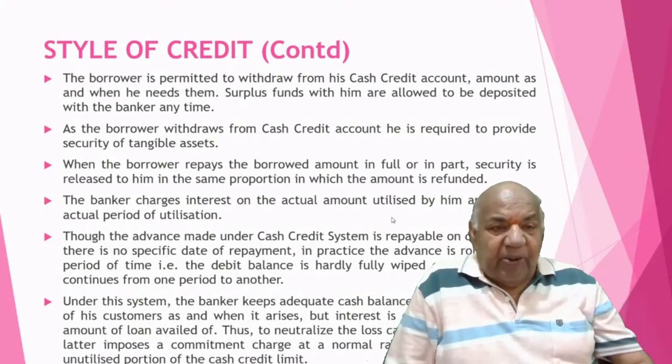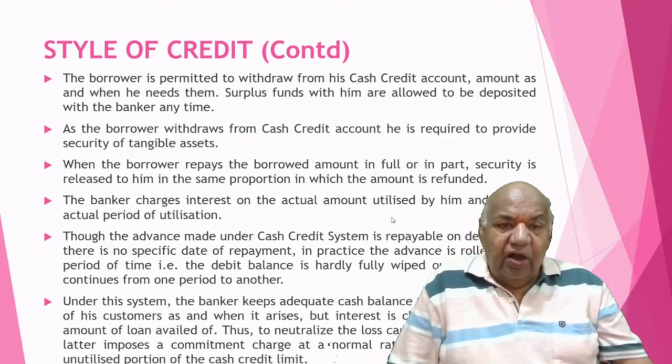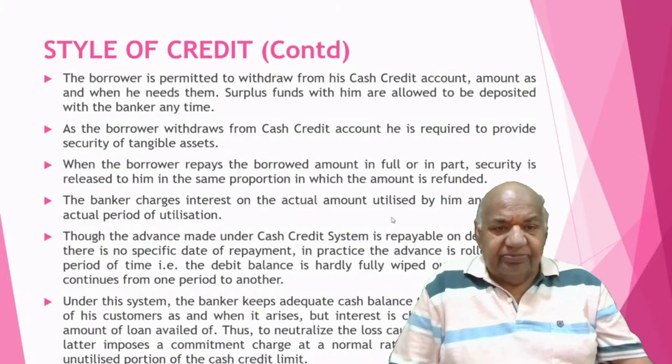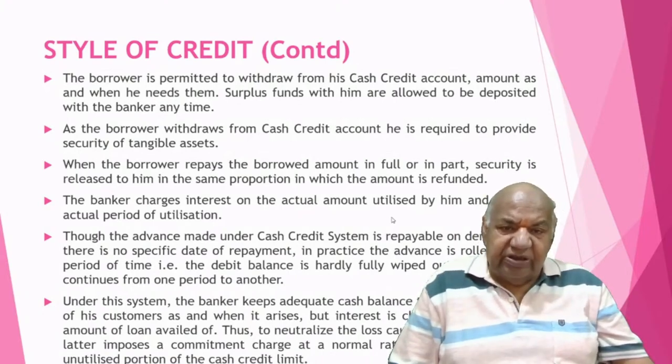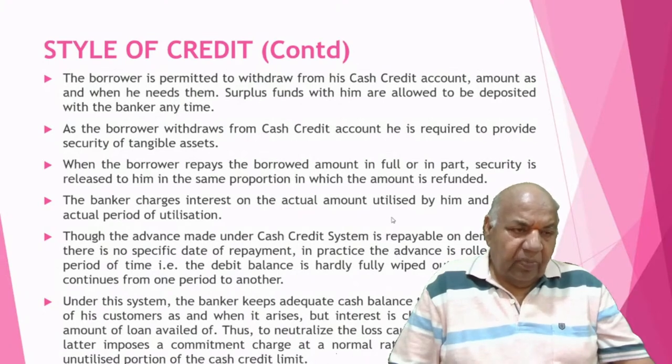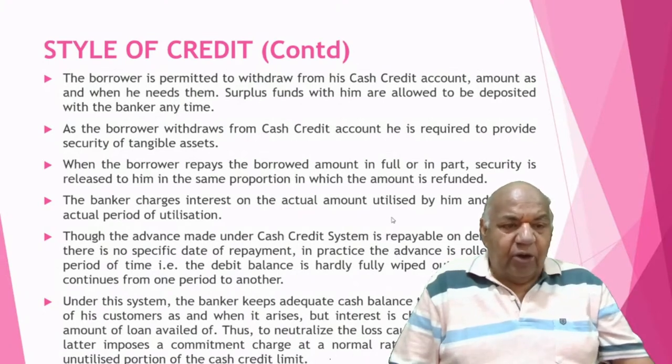The borrower is permitted to withdraw from his cash credit account amounts as and when he needs them. Surplus funds with him are allowed to be deposited with the banker anytime. As the borrower withdraws from the cash credit account, he is required to provide security of tangible assets.